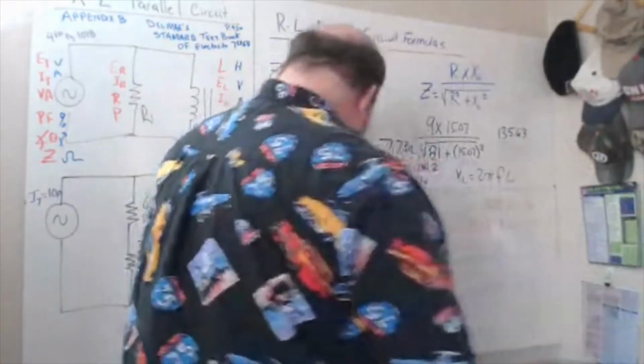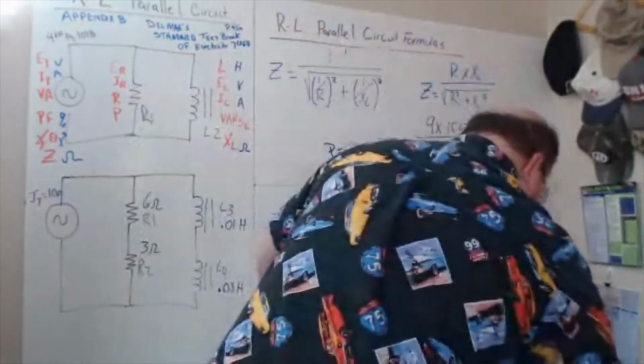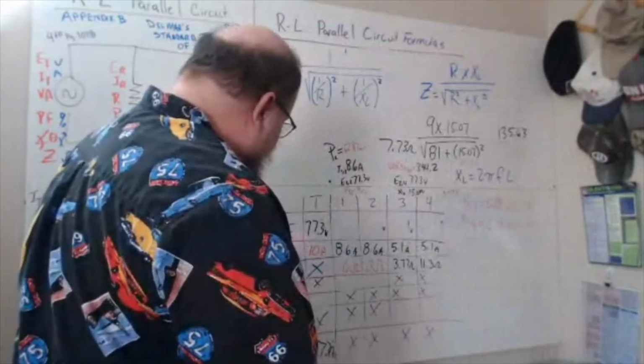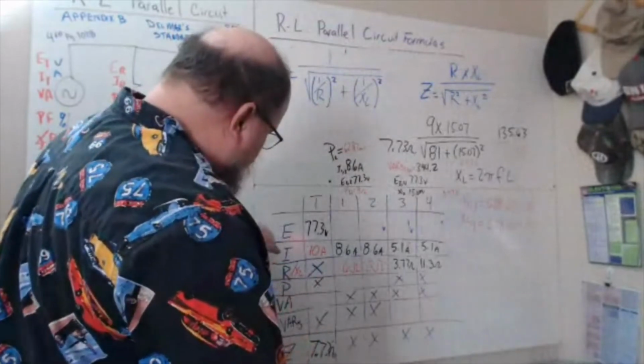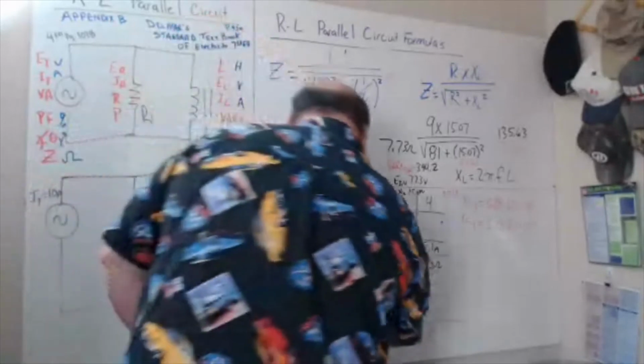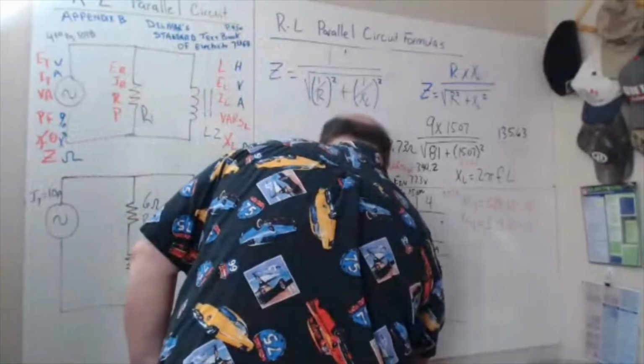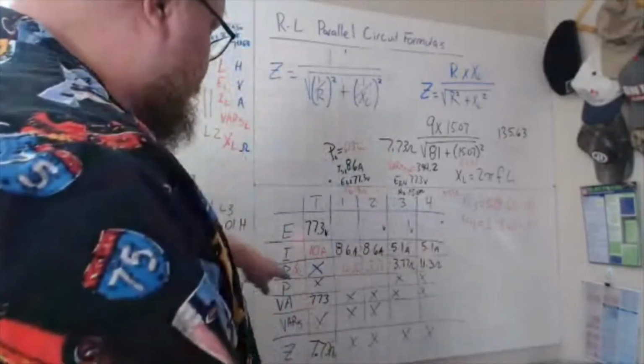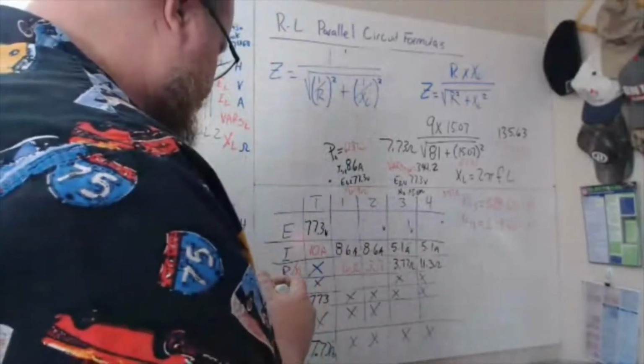Now, for my volt amps, all I've got to do is multiply my amps and my volts together. So that's going to give me 773 volt amps.